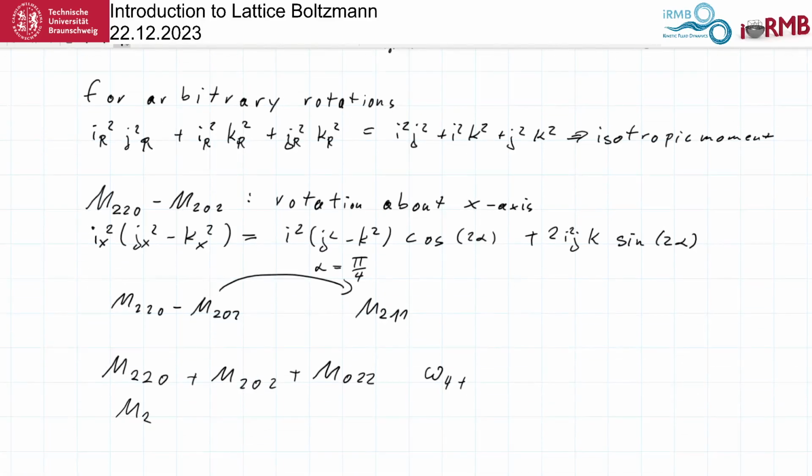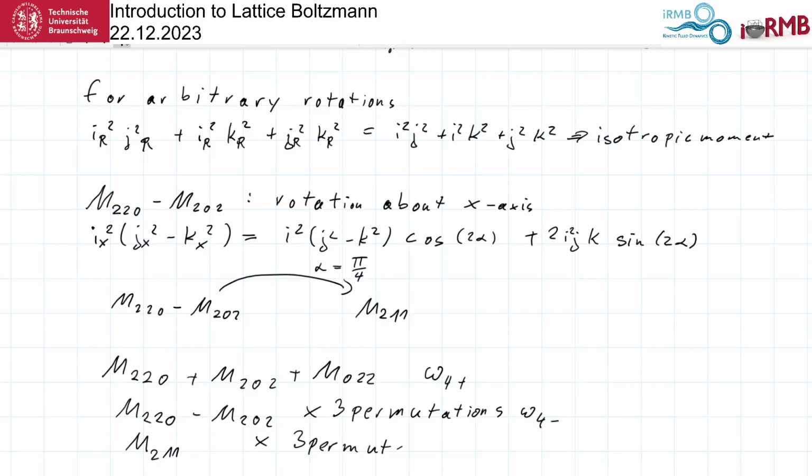Then we have M220 minus M202. This comes in three permutations and has the rate omega 4 minus. And then there's M211, which comes in three permutations and is given the rate omega 211.